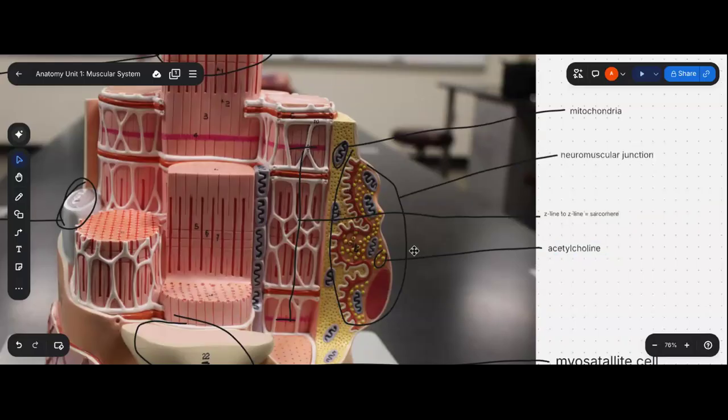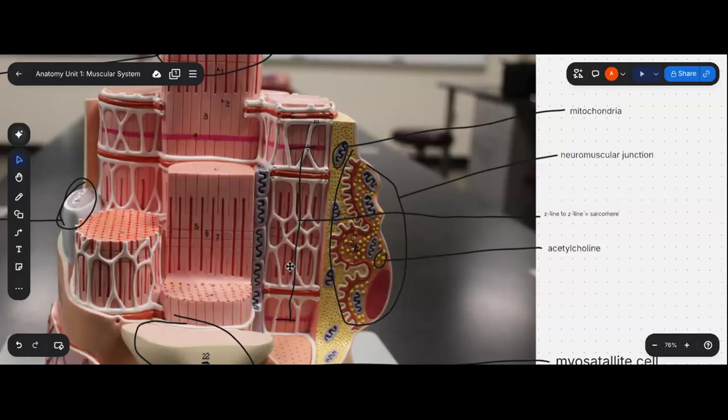In the sliding filament theory, the acetylcholine is going to go to the binding sites within the sarcolemma, and then eventually it is going to cause these Z line to Z lines, so the sarcomere, to shorten, which is how your muscles tighten and contract.